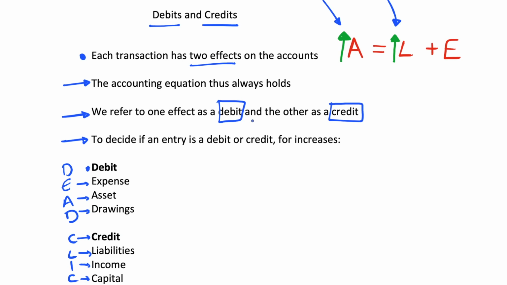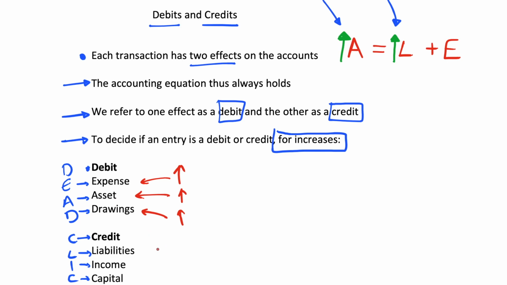So what does this device actually mean? Well, this is for an increase. So if the entry into our accounts is going to increase our expenses, well, that's a debit. If it's going to increase our assets, it's a debit. And if it's going to increase drawings in the account, it is also what we call a debit.